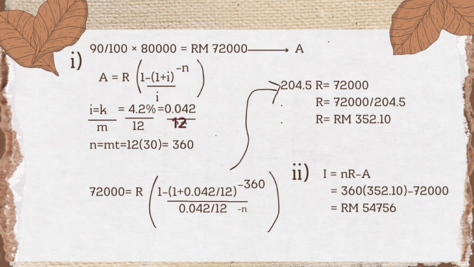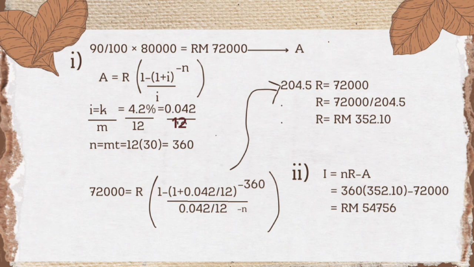Okay, we need to find i and n. i is equal to k per m equal to 4.2% per 12 equal to 0.042 per 12. n is equal to mt, m is 12 multiply 30 years equal to 360 months.